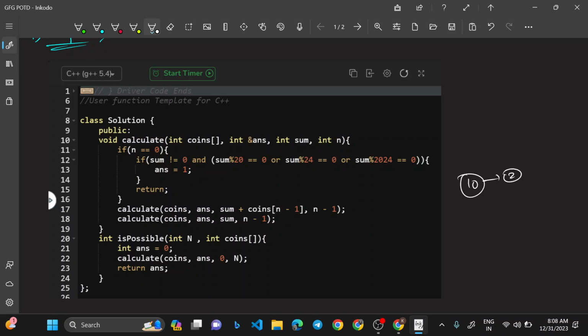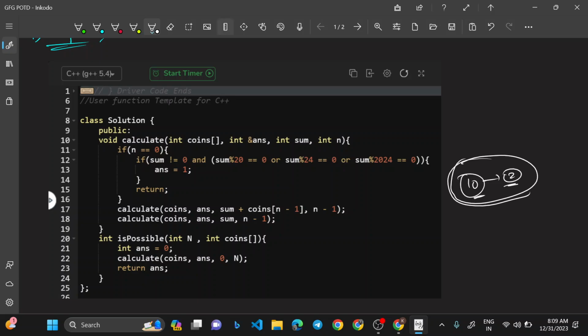You might be calling this particular combination again and again and again, isn't it? We never know. So there's a big repetitive calculation going on. That's the reason you're storing them in a 2D vector or a map. You're storing that result, and you'll be using that particular result whenever it is necessary.